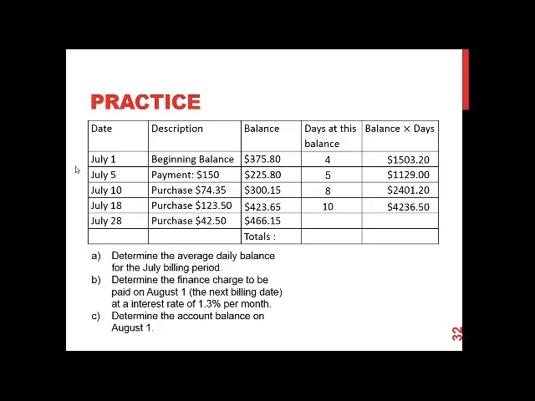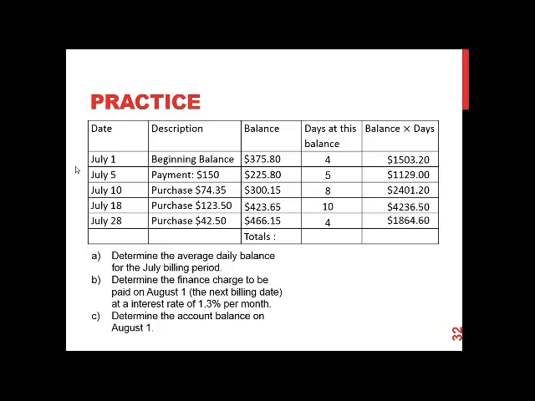We've got to remember when we do the last one, we can't just take July 31st minus the 28th, because this balance is valid for the 28th, that's 1 day, 29th, that's 2 days, 30th, that's 3 days, and the 31st. So it's actually this balance for 4 days. We'll multiply the 4 times the 466.15, and that gives us 1864.60.